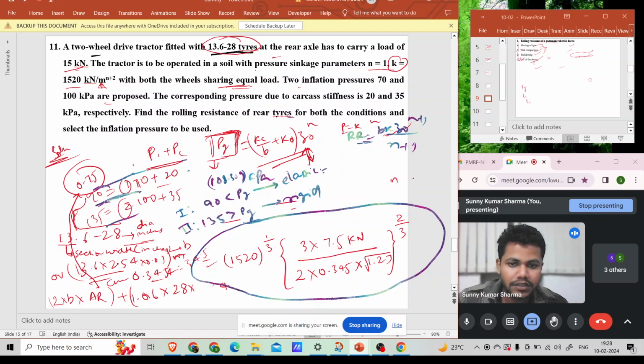For elastic mode, z0 will be what we have calculated: (pi plus pc) divided by k, to the power 1 by n. This z0 you put in rolling resistance, and you get the rolling resistance in elastic mode.